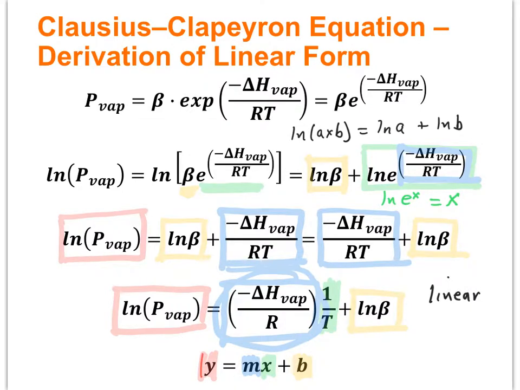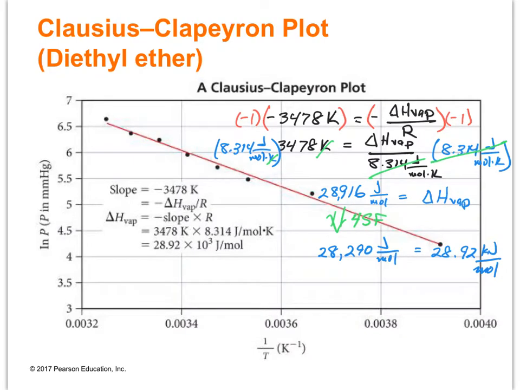So one thing we can do with the Clausius-Clapeyron equation is evaluate those plots that we saw. So let's look again at that plot of the vapor pressure versus temperature plotted as a Clausius-Clapeyron plot for diethyl ether.